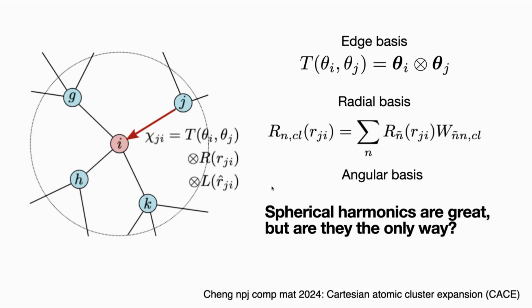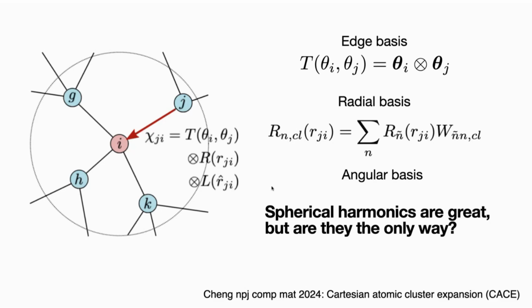So in GAP and in ACE, people typically use spherical harmonics, and spherical harmonics is also what's underlying in E3NN and so on. But this is actually not the only way. In the Cartesian atomic cluster expansion, what we did is that we essentially reformulate atomic cluster expansion, but completely in the Cartesian coordinates.